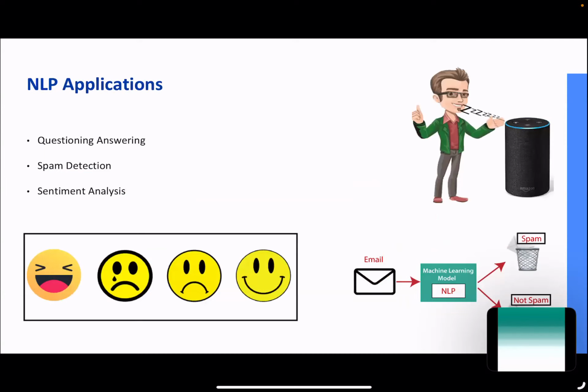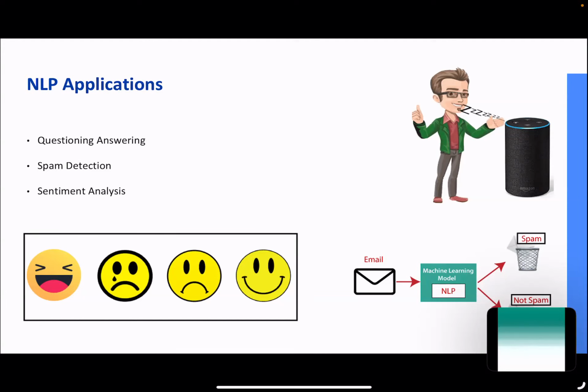There are lots of applications and use cases of NLP, but a few common ones are question answering, like ChatGPT, where after performing NLP steps we can retrieve something from the model.